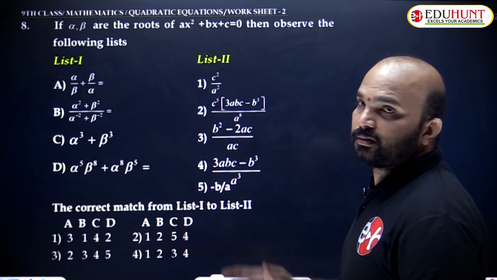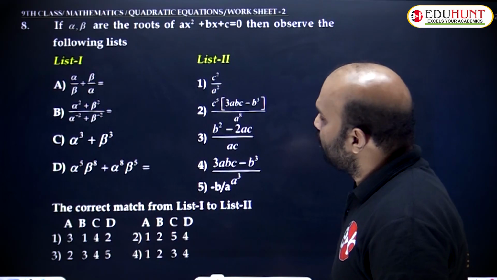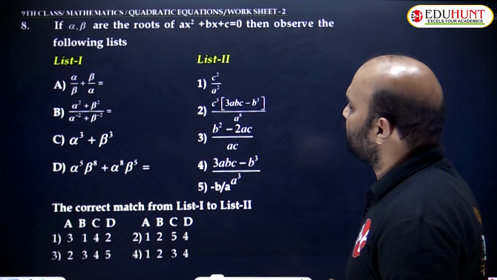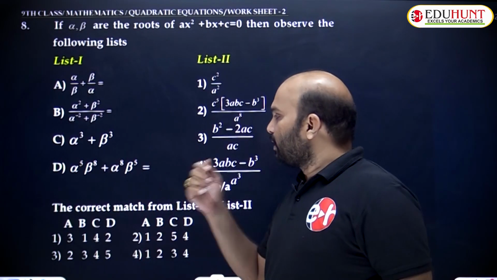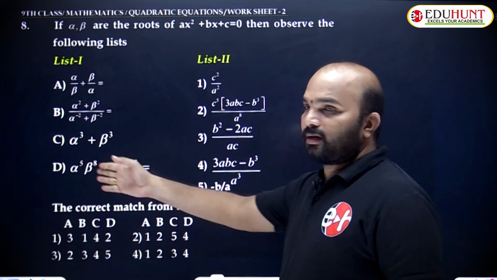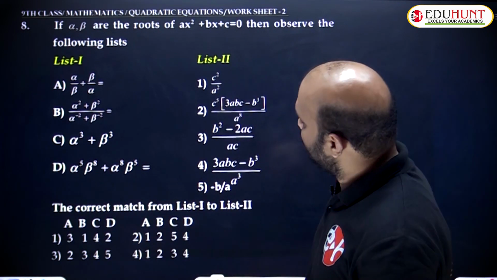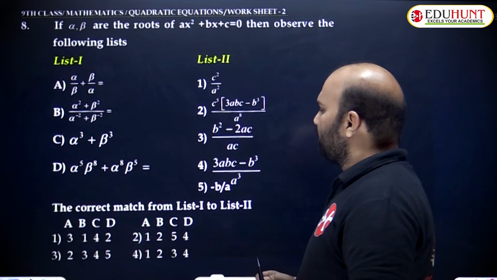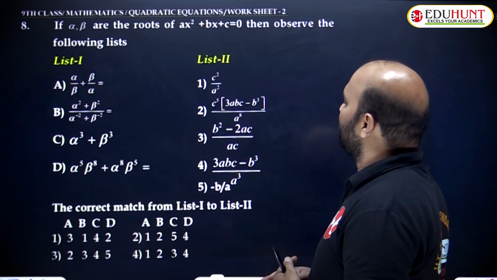B: alpha square plus beta square whole by alpha power minus 2 plus beta power minus 2. C: alpha cube plus beta cube. D: alpha power 5 into beta power 8 plus alpha power 8 into beta power 5.